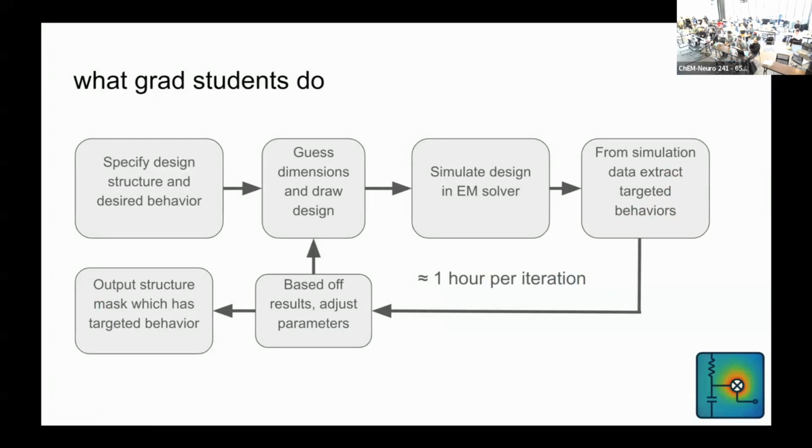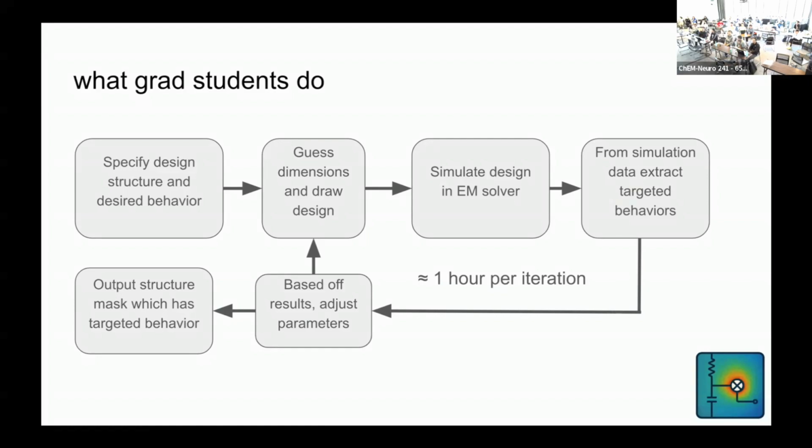So basically what Wendy said, we first start with a design structure and a desired behavior. In order to actually get that, we first have to guess dimensions and then draw the design. We then simulate the design in an EM solver. After that, from the simulation data, we extract the targeted behaviors and see if they're good enough.